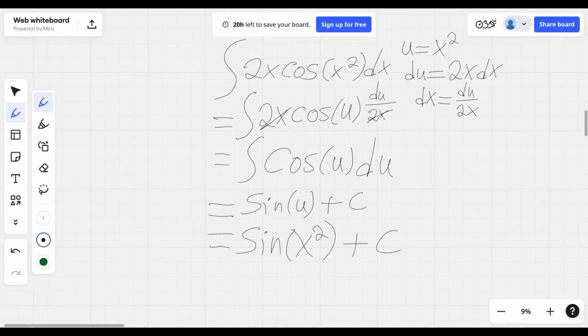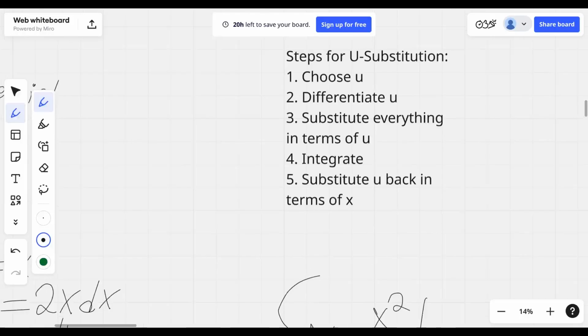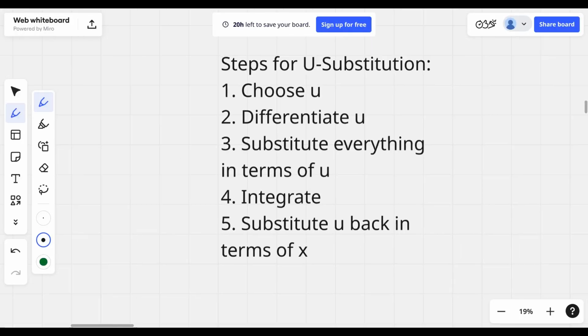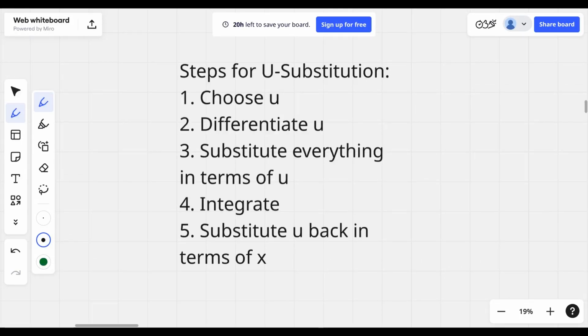Now I'm going to give you the steps for U substitution to help you out. The first thing you do when you have U sub is you choose your U value, so what you want the U function to be.